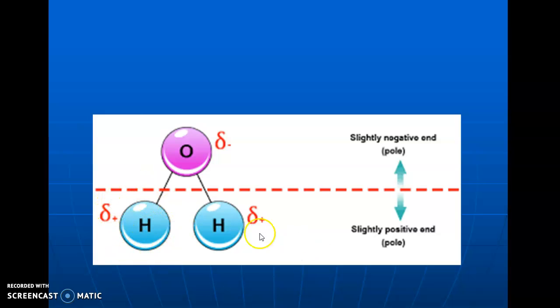Each of the hydrogen atoms then, it's almost as if they have lost their electron and have become slightly positive. So each of the hydrogen atoms has a slight positive charge, and we use that delta positive to represent it. So anytime that electrons are not shared equally between the atoms in a molecule, the molecule is called a polar molecule.